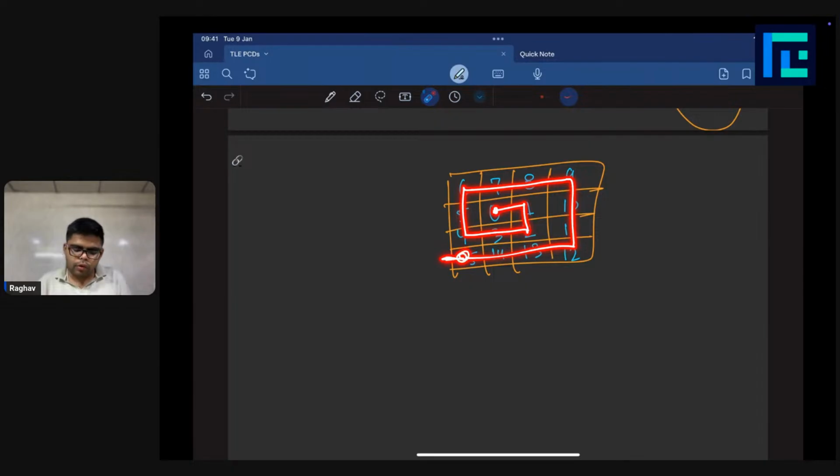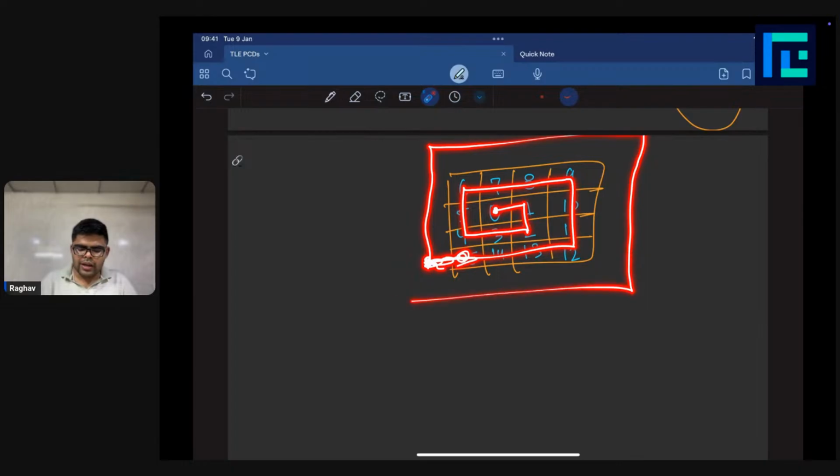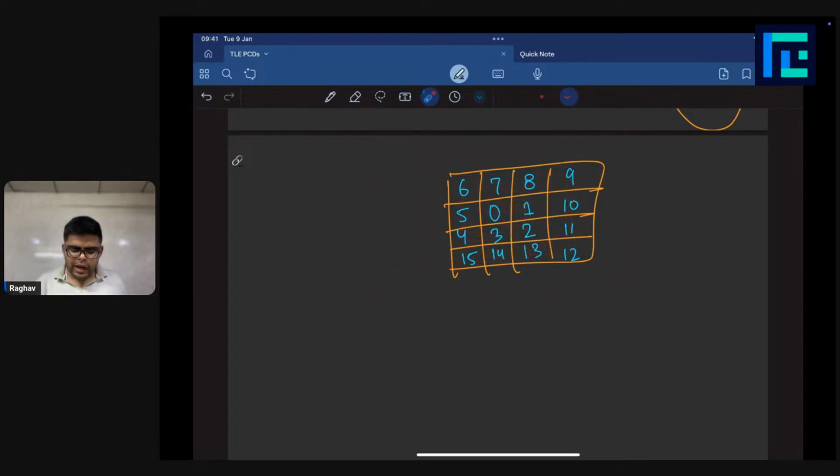Here you cannot go four steps left because you don't have any more elements. But if it was a bigger grid, then you would have gone four steps left here, then four steps up, five steps right, five steps down, and so on. And you can create this kind of a thing.